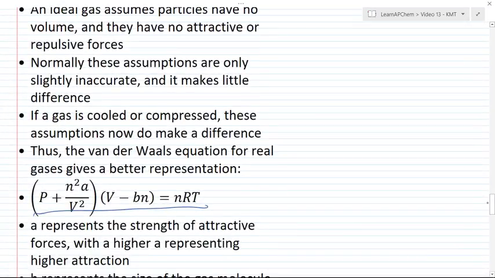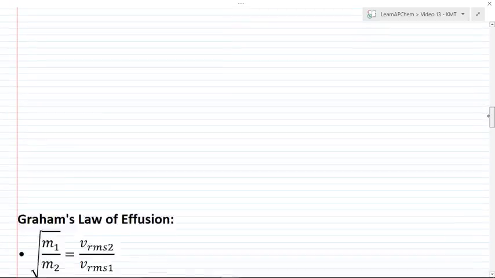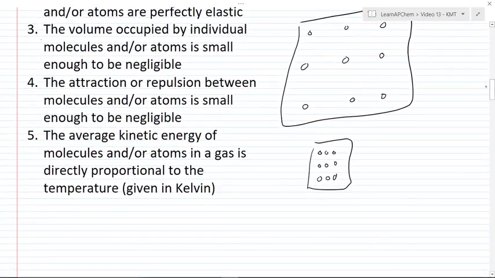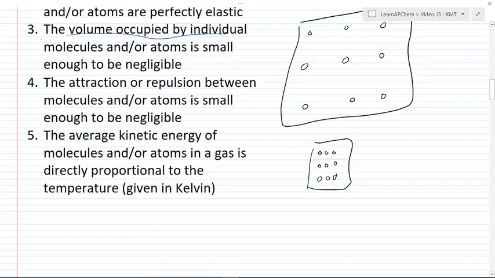Alright, and then we talked about real gases versus ideal gases. This goes back to the postulates made above, and it's discrediting 3 and 4 and saying, well, wait a second, this volume isn't neglected, and we shouldn't neglect the forces between atoms.